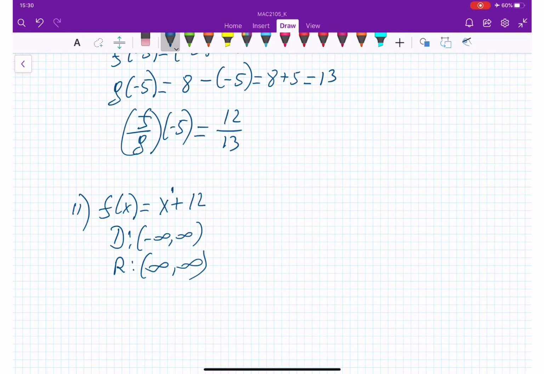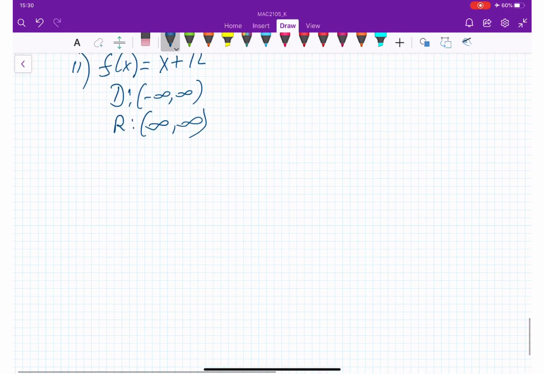And very last question. So we need to graph f of x equal to x squared minus 6x plus 13.